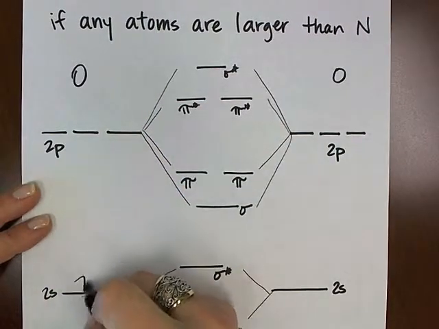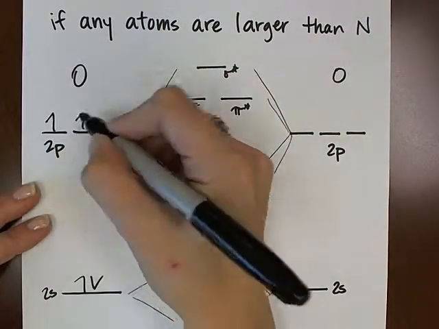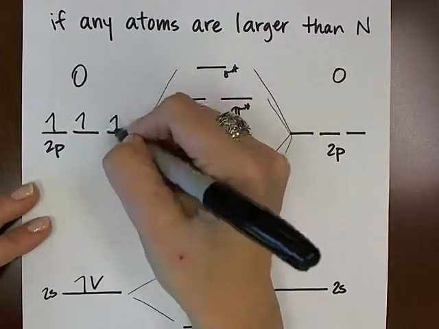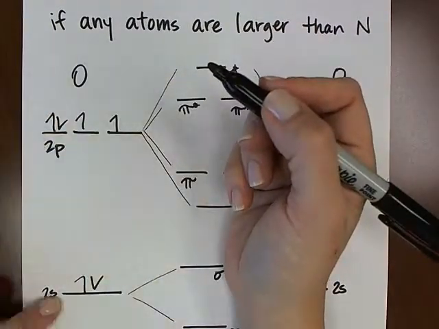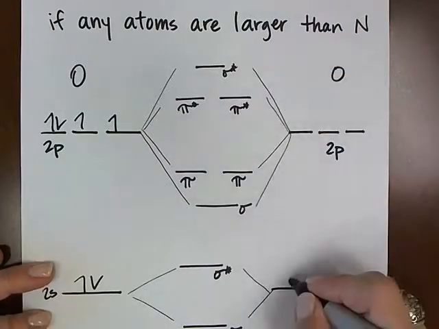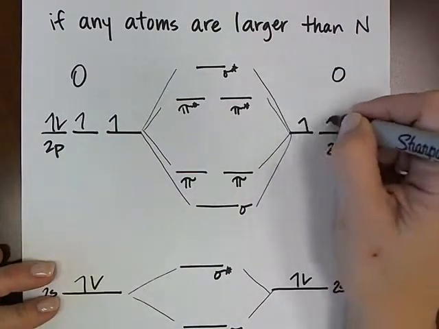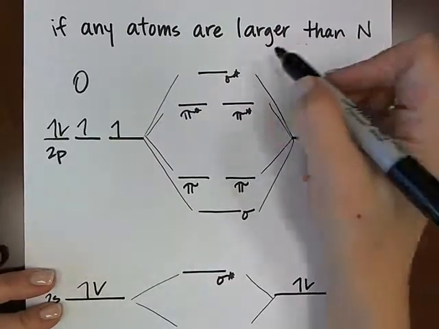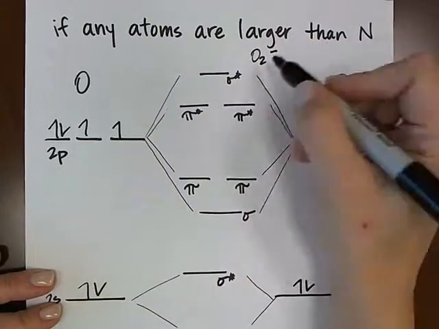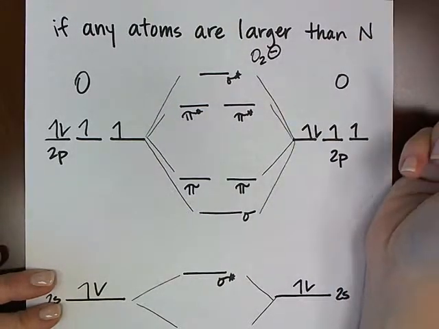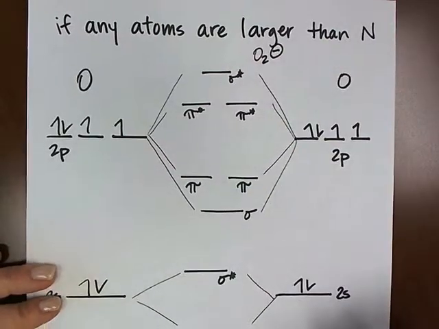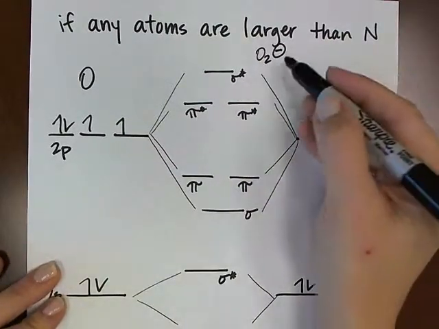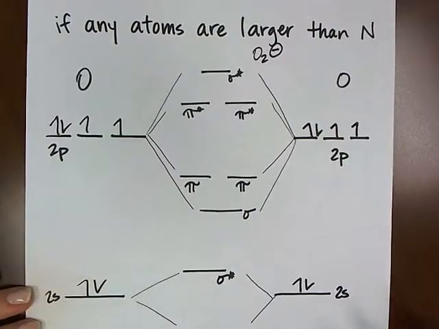Oxygen is 2s2, 2p4. So it has a total of 6 valence electrons. The other one is the same. But we're considering a particle of O2 minus, which means it's gaining an electron. So once I get done filling into my molecular orbitals, I'm going to actually add an additional electron.